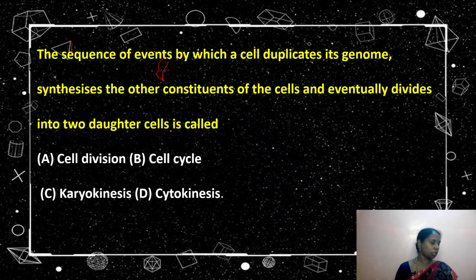Yes, the very first question we are going to discuss: the sequence of events by which a cell duplicates its genome, synthesizes the other constituents of the cells and eventually divides into two daughter cells is called dash.